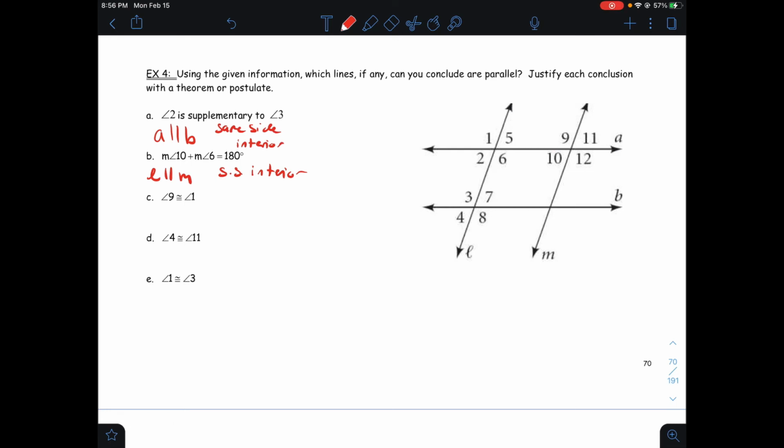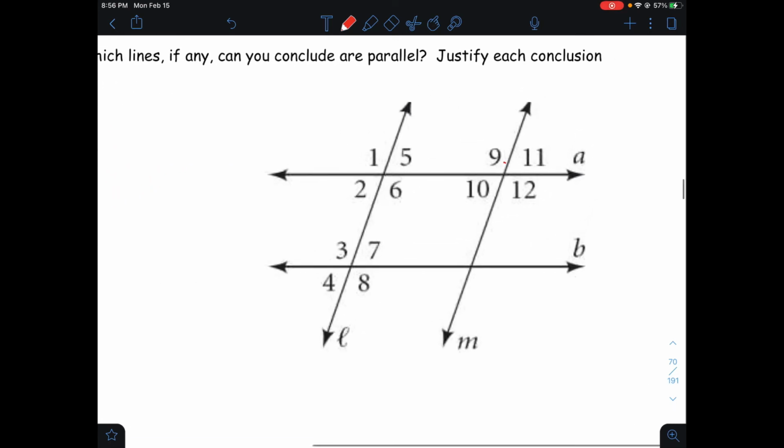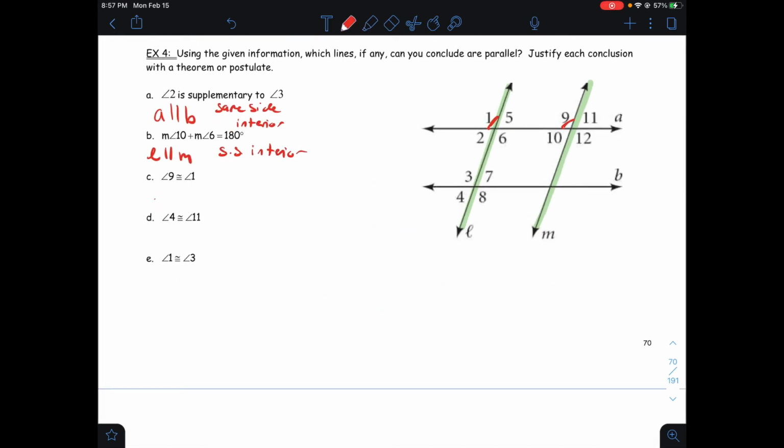So we've got angle 9 is congruent to angle 1. So that again is going to show these guys as parallel. So we'd say L is parallel to M. And that's going to be because they are corresponding.